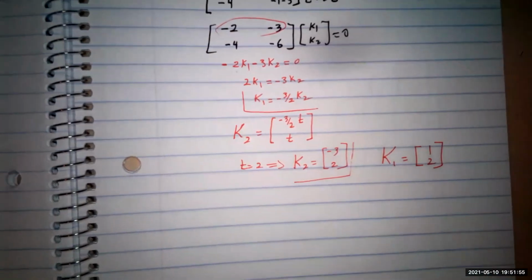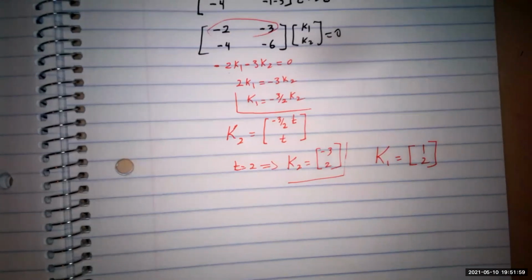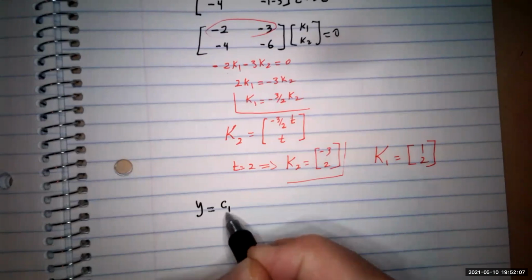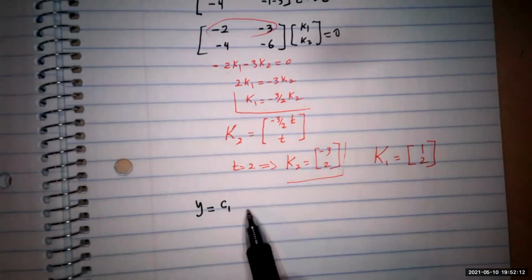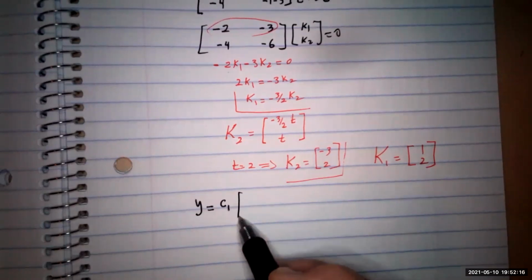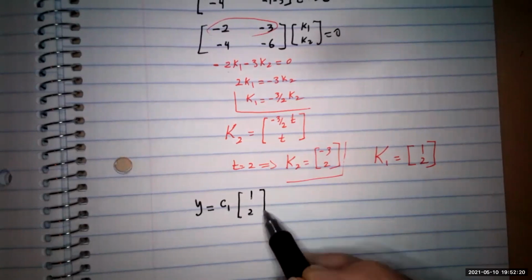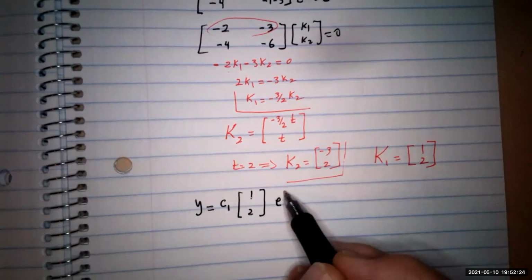Now we can get the linear combination of these two to get our general solution. So what's going to be the general solution? Y equal to C1 K1, which is 1, 2, e to the 7x.